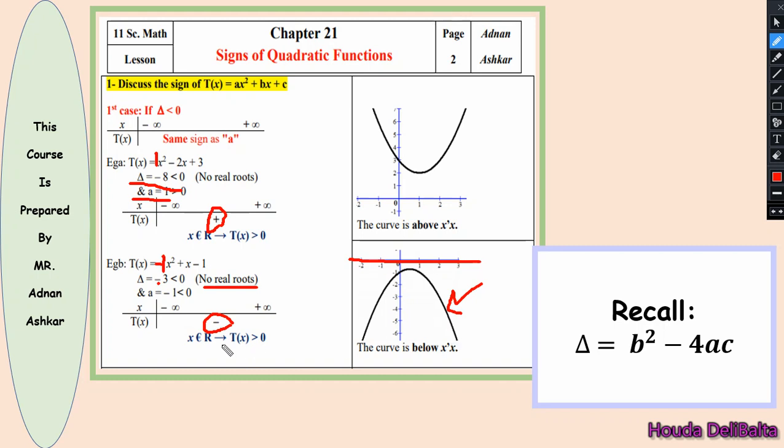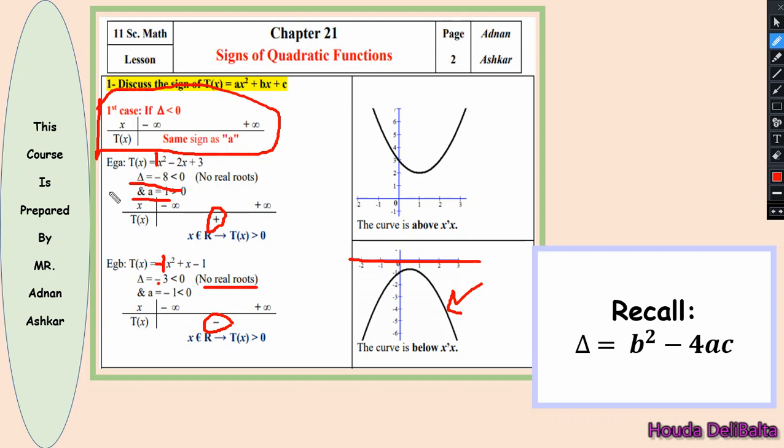And if we relate things together, delta is negative, a is negative, and notice that this sign here is the sign of a. So that's why we say that if delta is negative, then we have to look at a, and the function takes the sign of a.